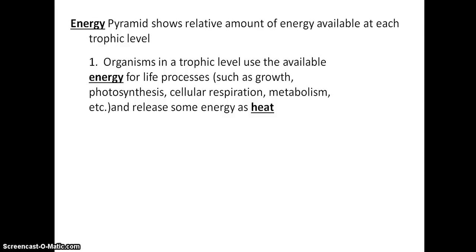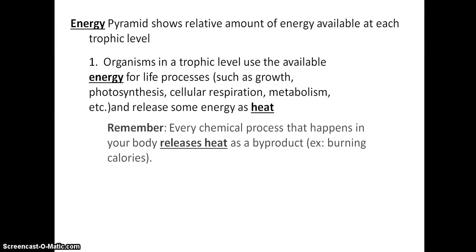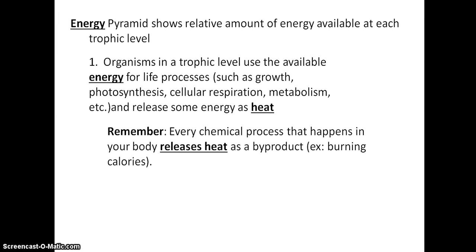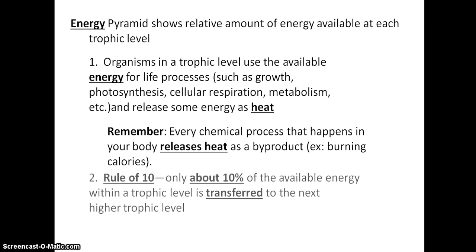So what does this mean? Organisms use their energy to live, and some of the energy that they use to live will be released as heat. Remember, every chemical process that happens in your body releases heat as a byproduct, like burning calories.